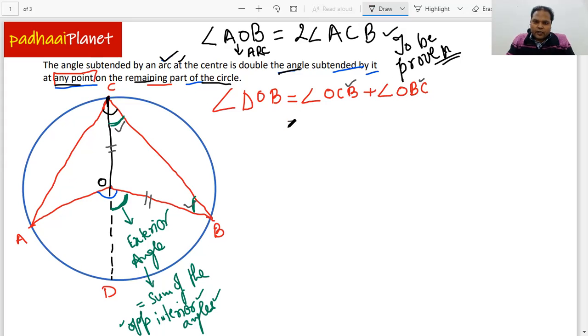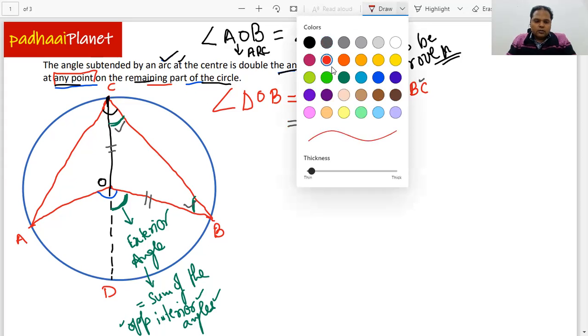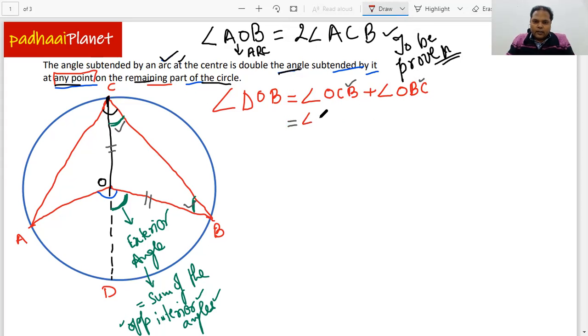So what we can write is that this is angle OCB, plus we can write this also as angle OCB. And finally, what we can write is that angle DOB is equal to twice angle OCB, right?